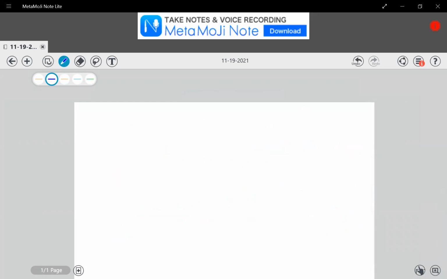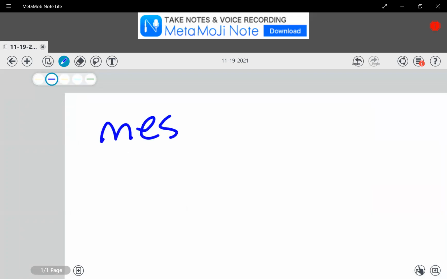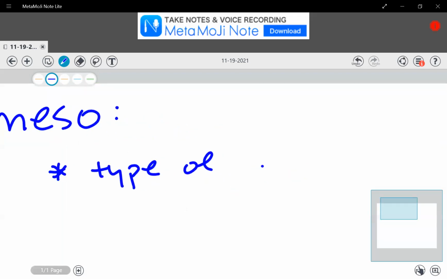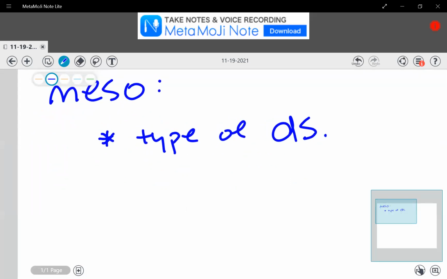However, it is important to note that in real life, you're going to actually have fewer than 2 to the power of n stereoisomers. And this is where we introduce meso compounds. Meso compounds are a type of diastereoisomers, and they are achiral.